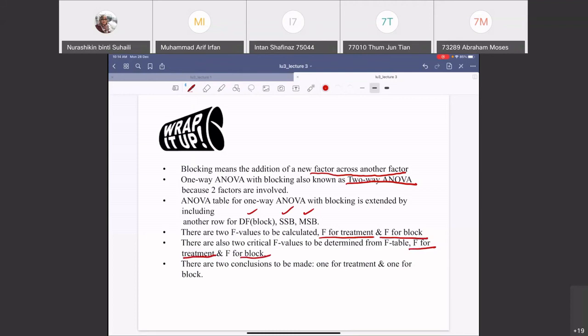I mean, you have to match it and compare it correctly, not compare it wrongly. So at the end, you have to make two conclusions, whereby one is for the treatment and one for the block. Is there any significant difference for the treatment or for the samples, and also whether there is a significant difference or not for the blocks. Okay, so that is the one-way ANOVA with blocking.